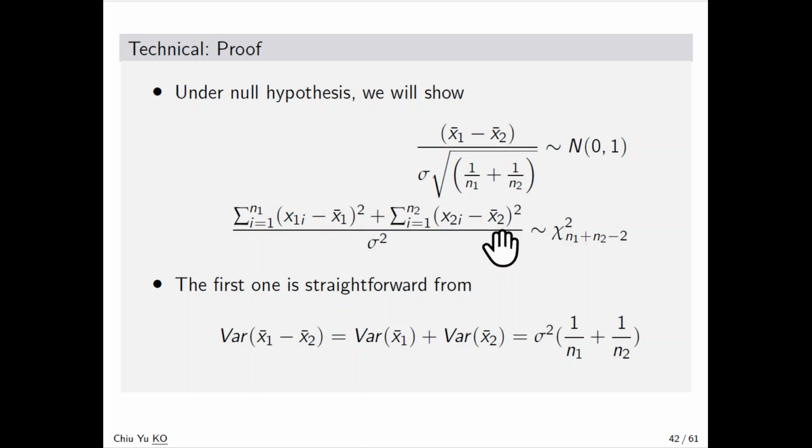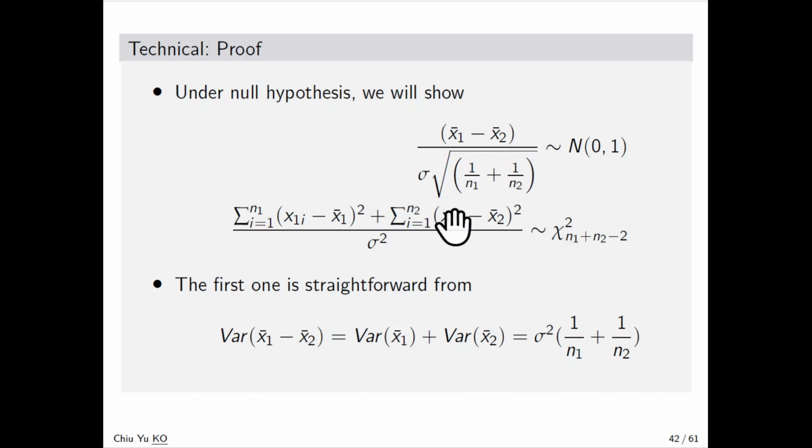This particular, very complicated term, the sum of squares over sigma squared, will be chi-square with n1 plus n2 minus 2 degrees of freedom. The first one is straightforward. The variance of the difference of two independent sample means is the sum of the variances, sigma squared over n1 plus sigma squared over n2.